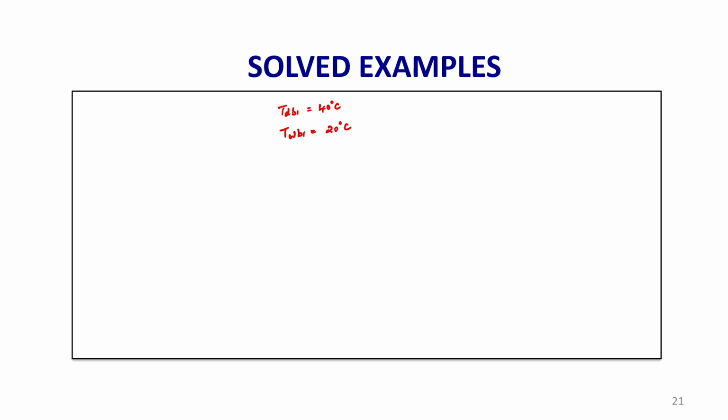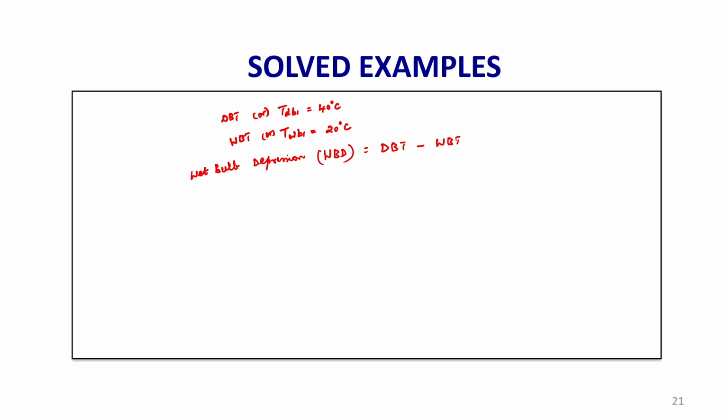You can write dry bulb temperature, wet bulb temperature, and wet bulb depression, the short form used is WBD. It is the difference between dry bulb temperature and wet bulb temperature.